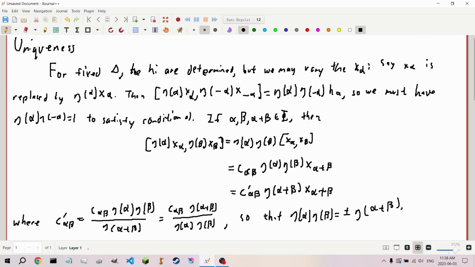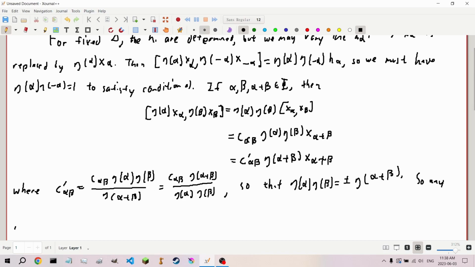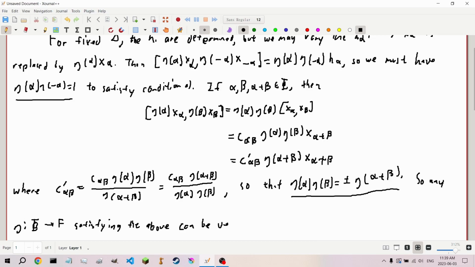And so any function eta from Phi to F satisfying the above, namely this equation and this equation, can be used to modify the basis.